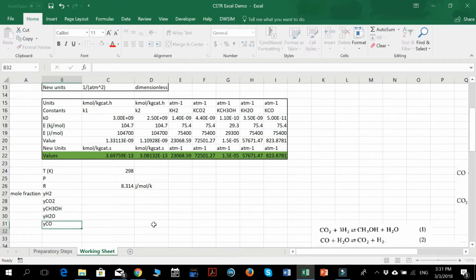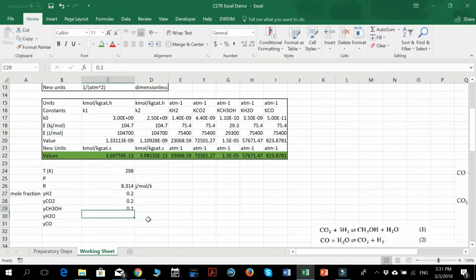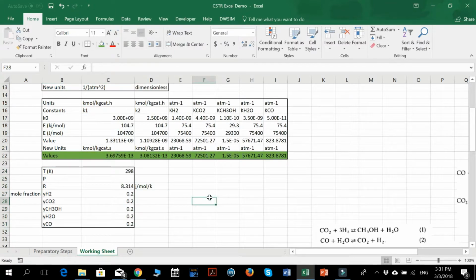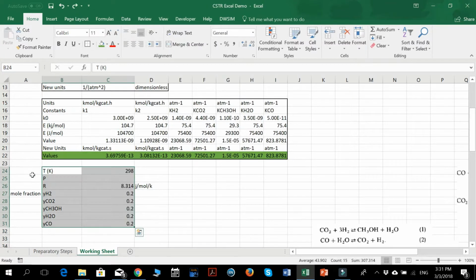Excuse me. So let's just give a roughly equal value for all of them. I'm just going to copy and paste here, and that will be the mole fractions, right? Or rather, let me box this whole thing up.